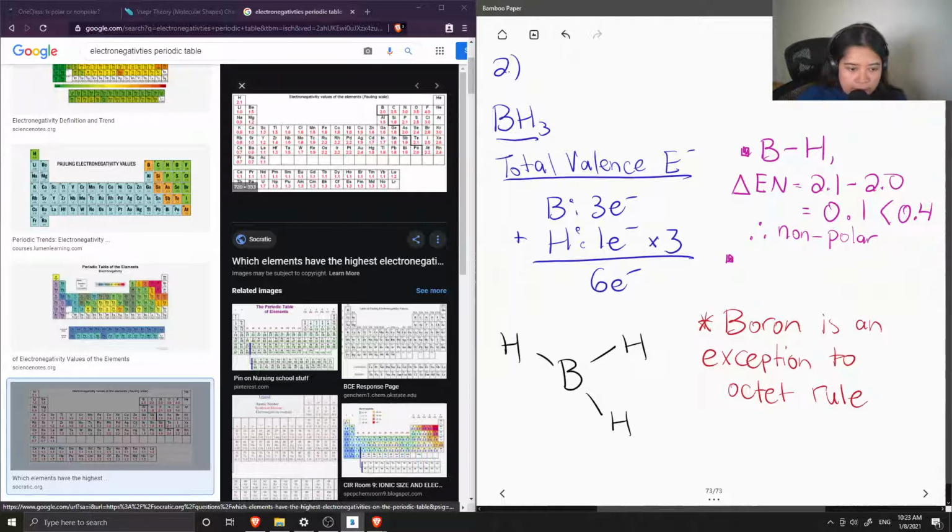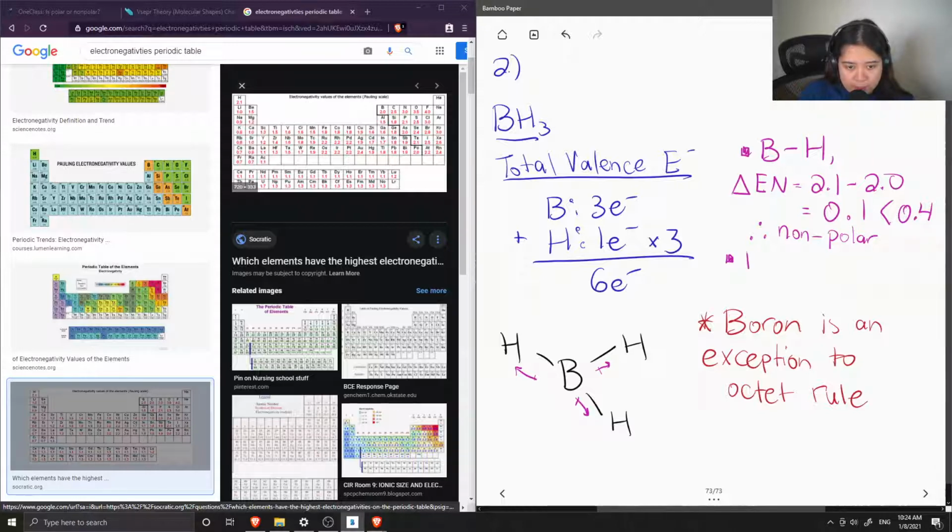So now let's look at the molecule as a whole. Not only does it contain only nonpolar bonds, but we can also see that the molecule is symmetrical. So even if there was a slight pull of electronegativity, because BH3 is symmetrical, all these dipole moments could cancel each other out.